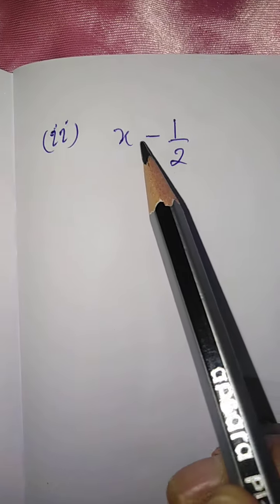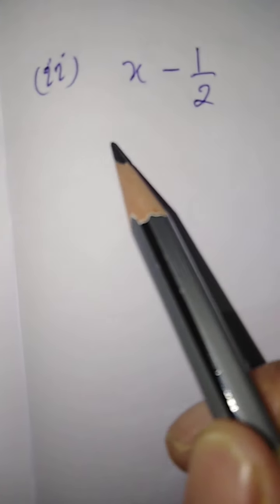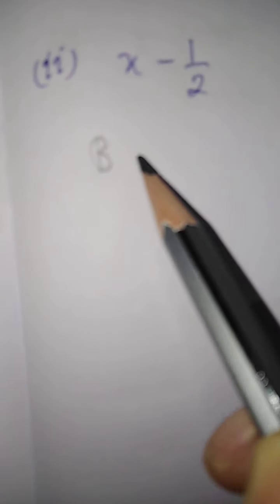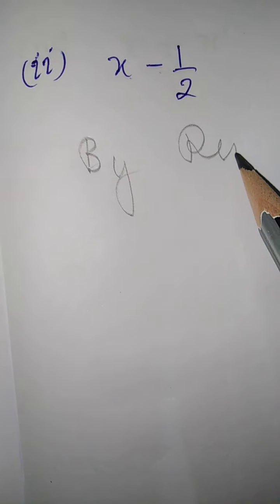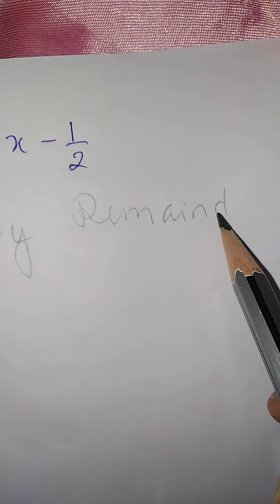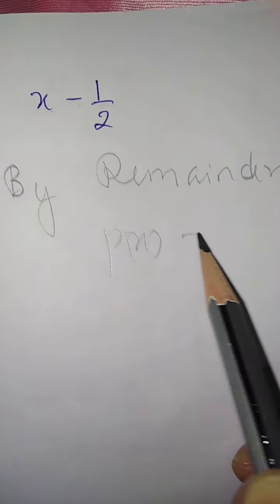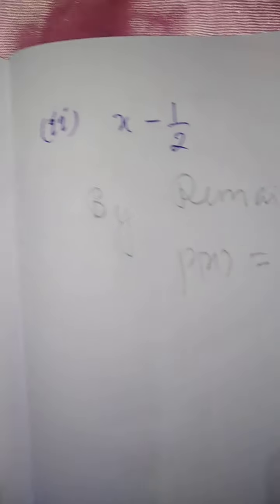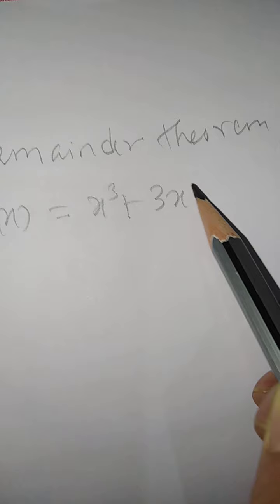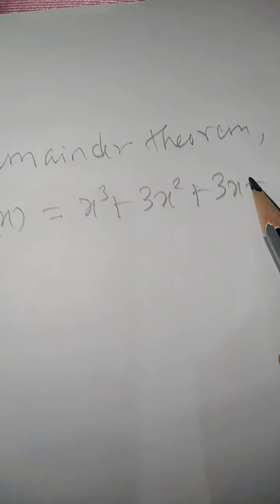So in the second part we have x minus 1 by 2. Now it's the same, okay, students? So you will write by remainder theorem, what is p(x) here? Polynomial. This is x cube plus 3x square plus 3x plus 1.